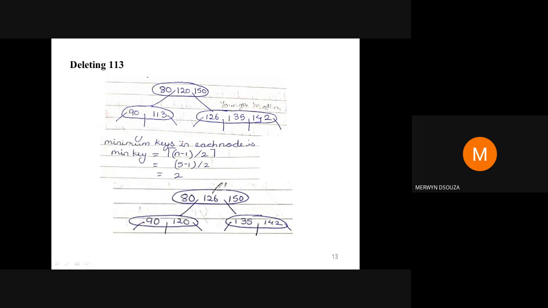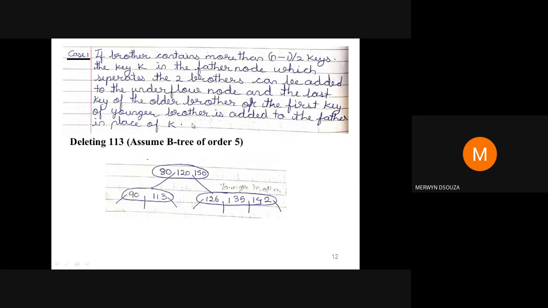That we will see in the next case, borrowing from the other siblings. So right now I hope you have understood the first case. Based on what I just explained, you can read this case again, and now you will understand what I have explained.